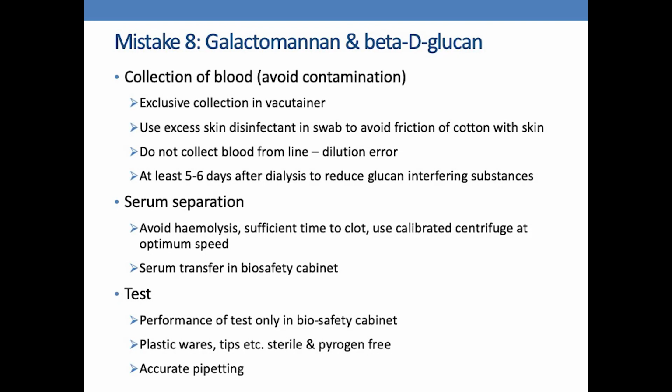So use an excess amount of disinfectant in the swab while collecting blood. That is very important. Do not collect the blood from the line, as there would be a dilution error. You have to take the blood separately from a peripheral line.